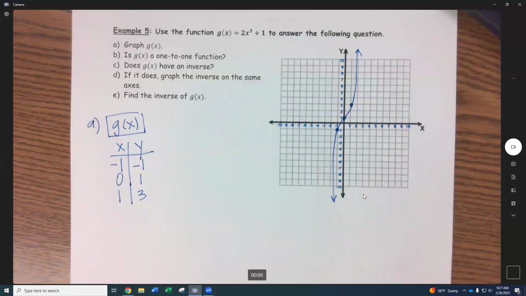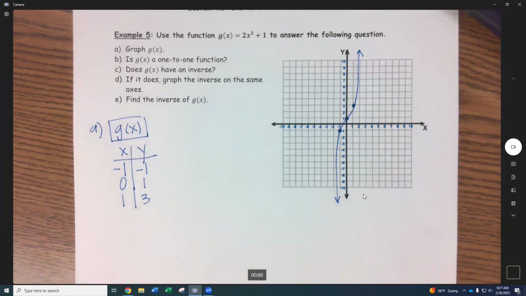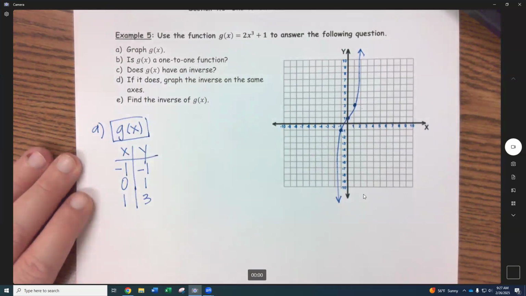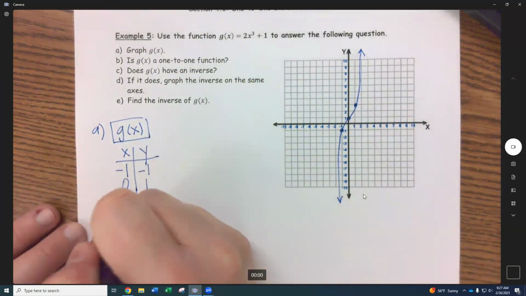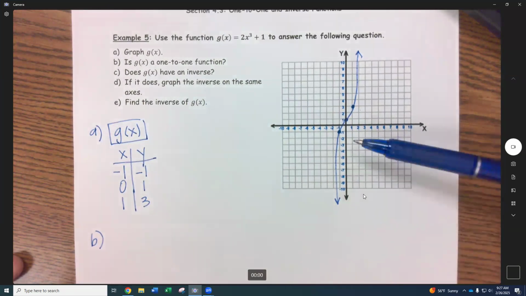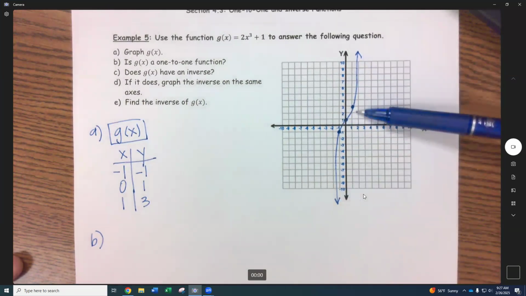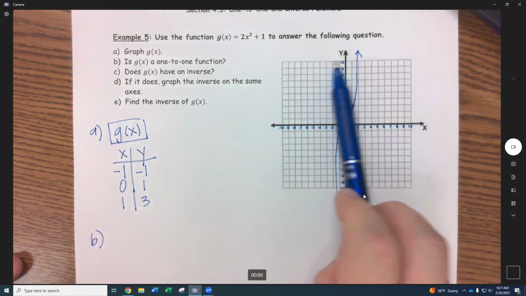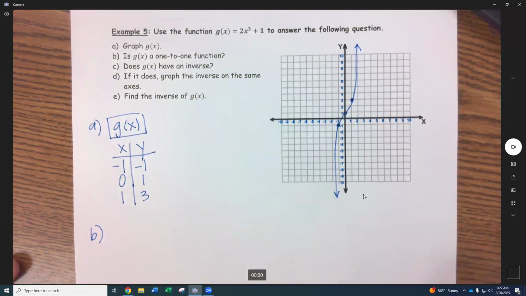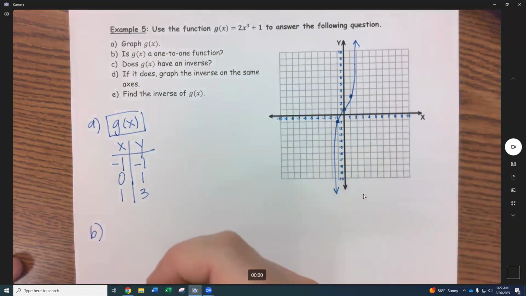Okay. So now part B wants to know, is this function 1-to-1? That's what we covered at the beginning of the lesson. For it to be a 1-to-1 function, not only does it have to pass the vertical line test, but it also needs to pass the horizontal line test. And no matter where I put a horizontal line, it's only going to intersect the graph once.